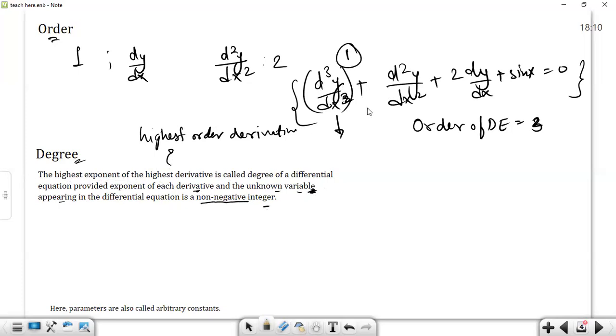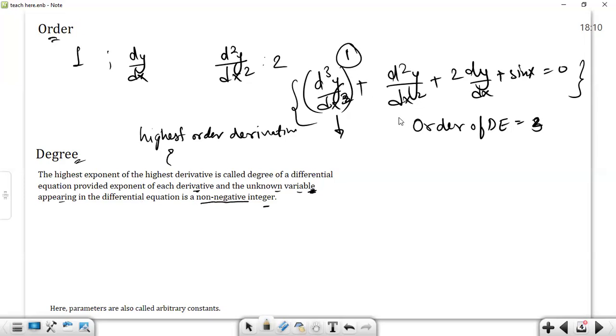So this will be the degree, provided that the exponent of each derivative, the power of each derivative, and the unknown variable appearing in the differential equation is a non-negative integer. It should be in the form of a natural number, and the differential equation should be made free from radicals and fractions of derivatives.